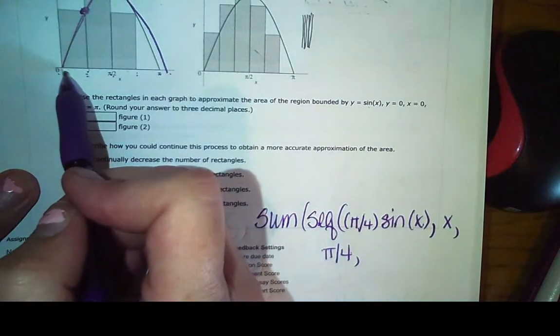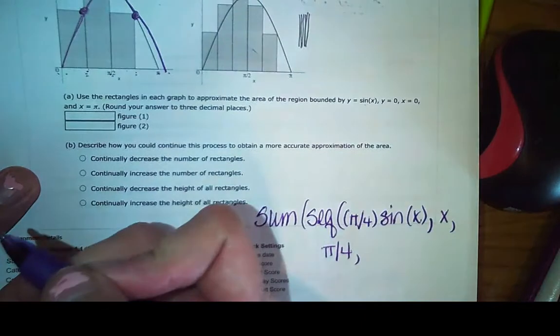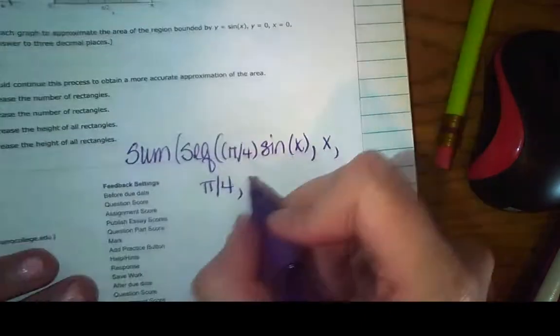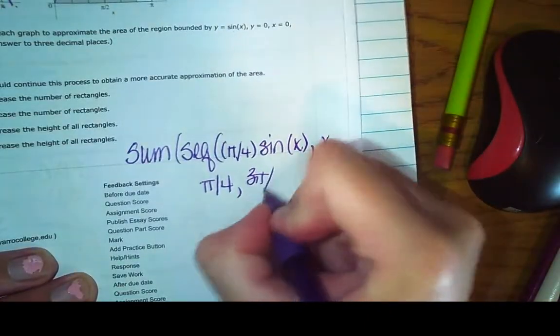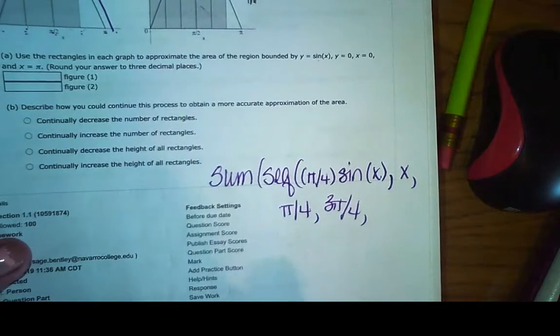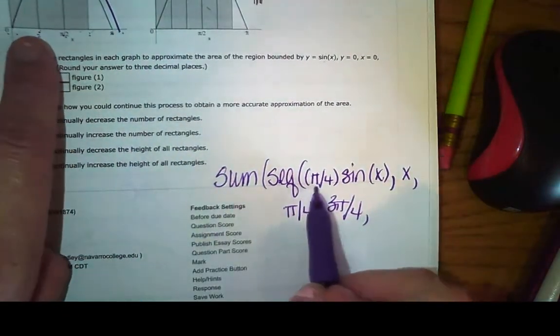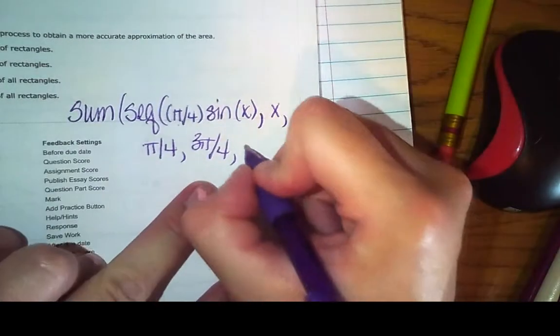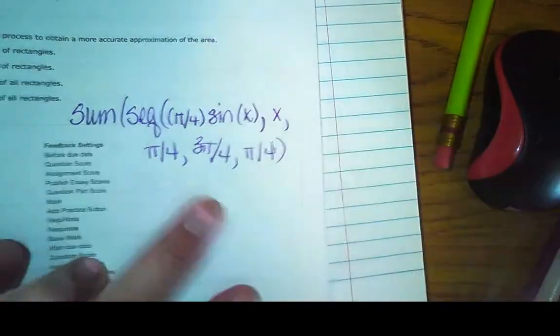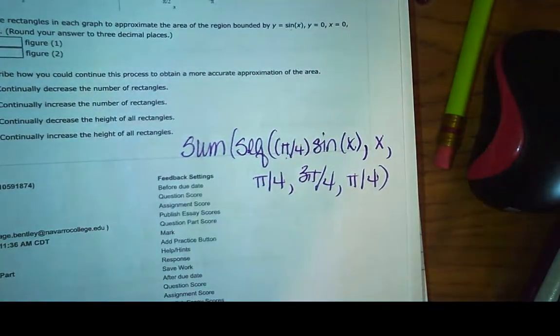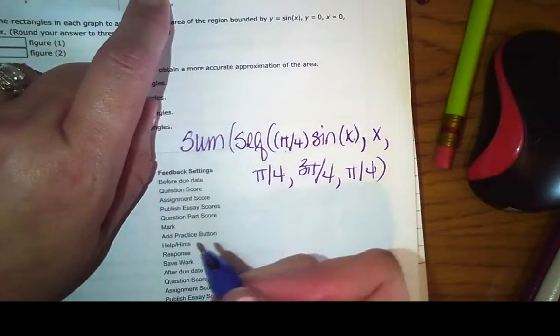I need to end at the right side of rectangle 3. So what is that? That is 3 pi over 4. And then what's your increment? Your increment's going to be the same as the width. So my increment is pi over 4. Okay? And then close that out. You'll have that one done. Now, let's do this one because it has some more.